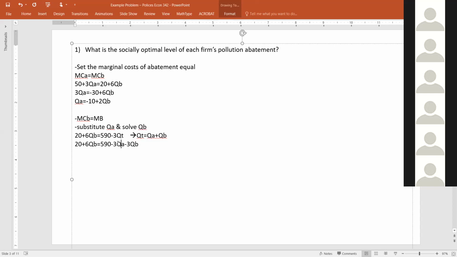You with me? So are you taking the 3 from the QT and distributing it into QA and QB? Right. So we have here 590 minus 3 times QT, but QT is QA plus QB, because that T just stands for total, and A and B are the two firms in this society.